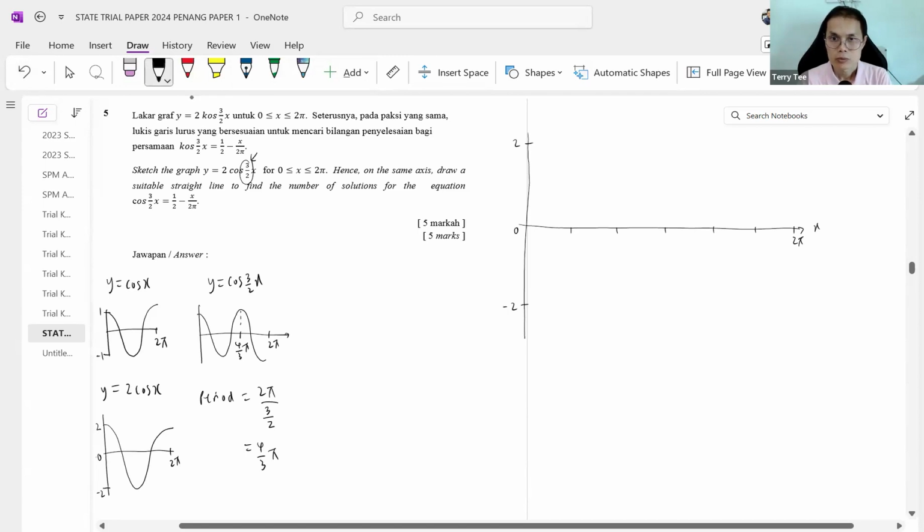Now let us begin from here. For me, I will plot the points to make sure that my graph is balanced, because some students draw the graph like this, where one side is longer, another side is shorter, not balanced. So you want to make sure that they're even. We plot the first point, second, third, fourth, fifth, sixth, seventh. So you curve it like this.